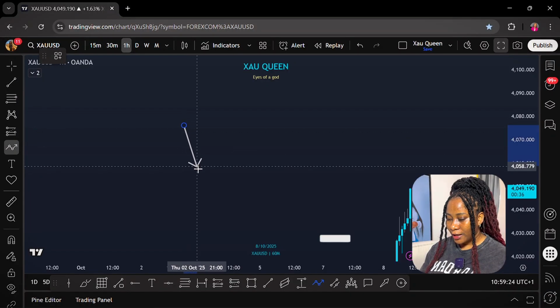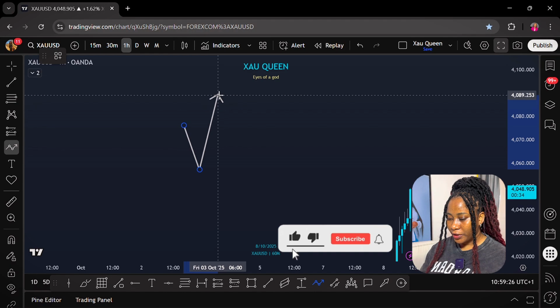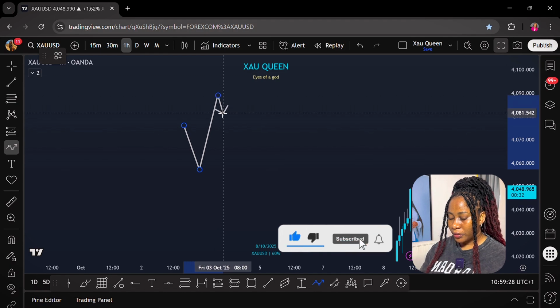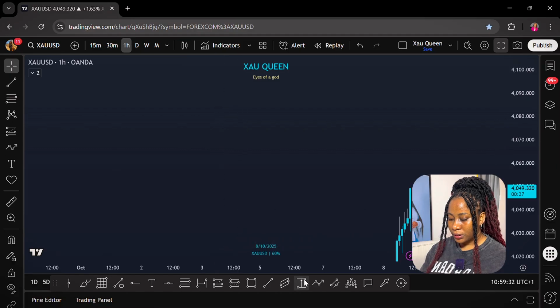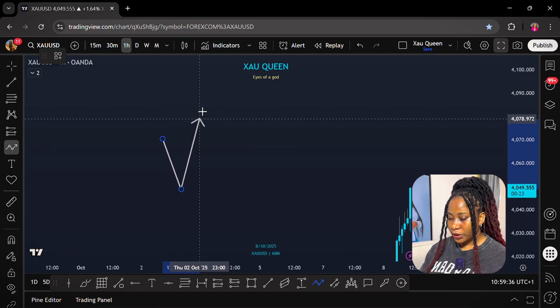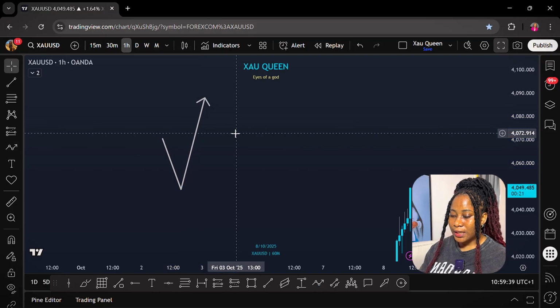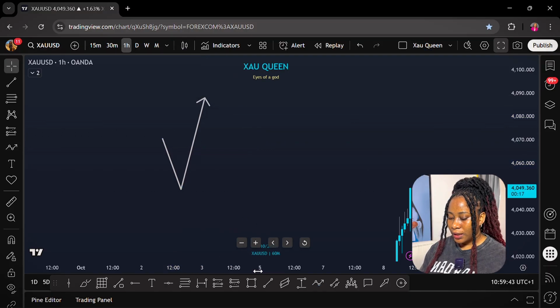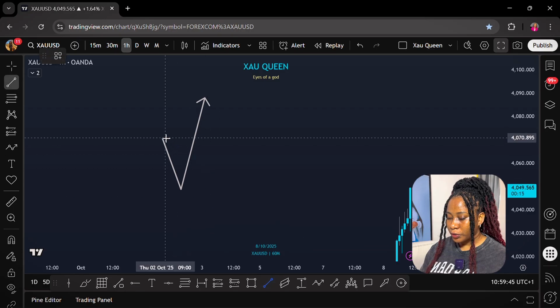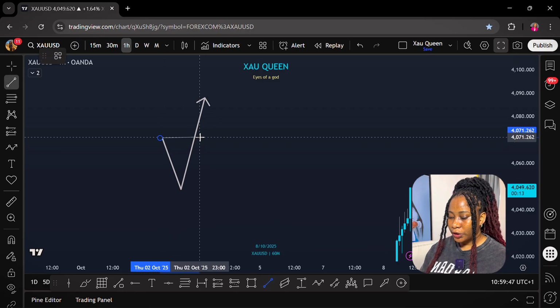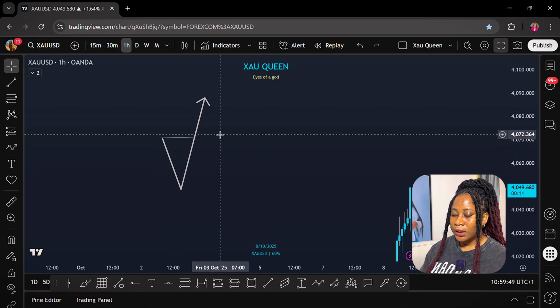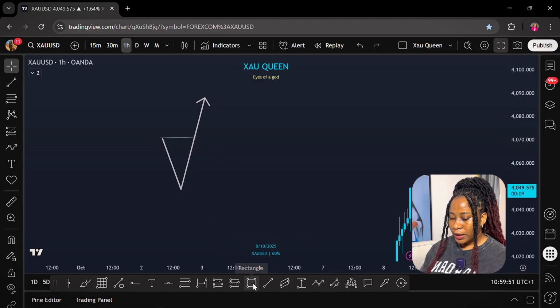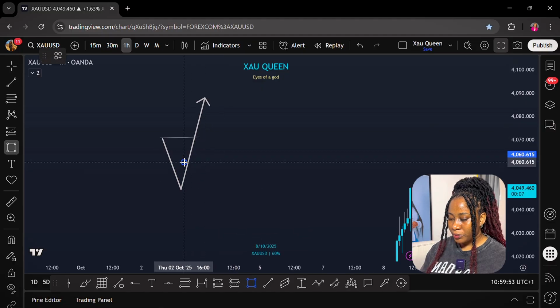So you probably have a higher time frame. Let's delete this. So we probably will get a structure like this on the higher time frame, say 1 hour, and then after this break of structure, you'll be looking to join the trend to the upside, but there's probably an FVG here.